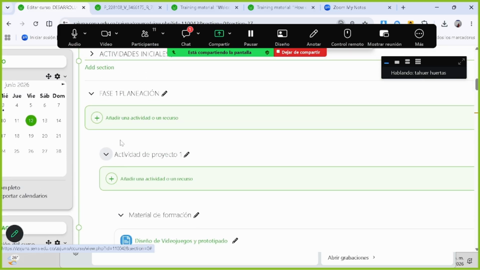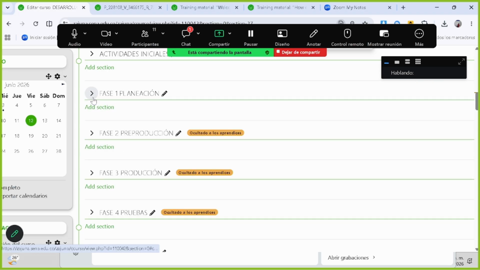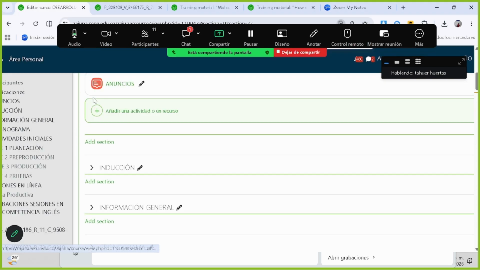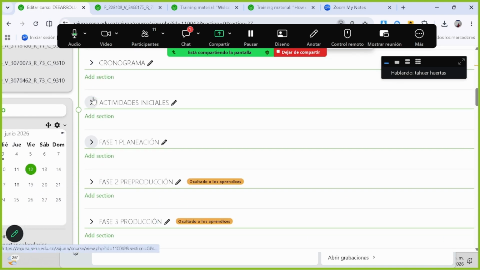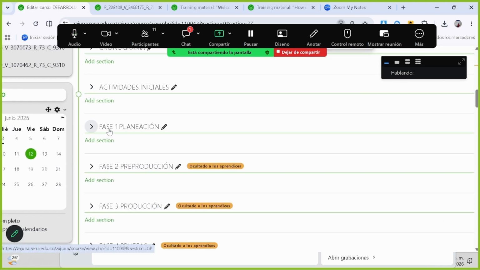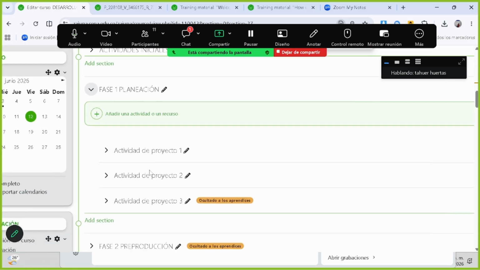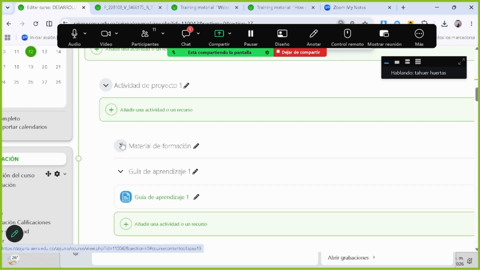Okay, so again. This is the main page. You go to phase 1, planning, fase 1, planeación. Actividad de proyecto 1, material de formación.